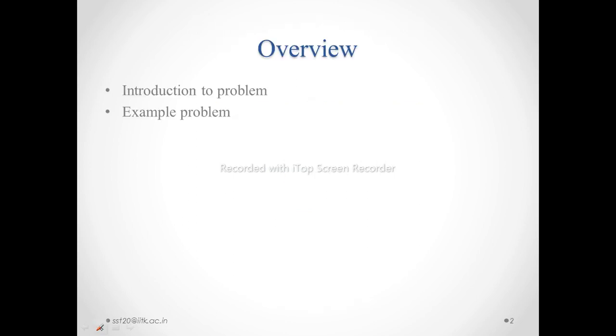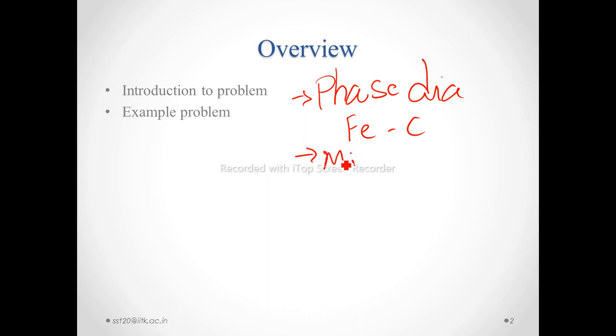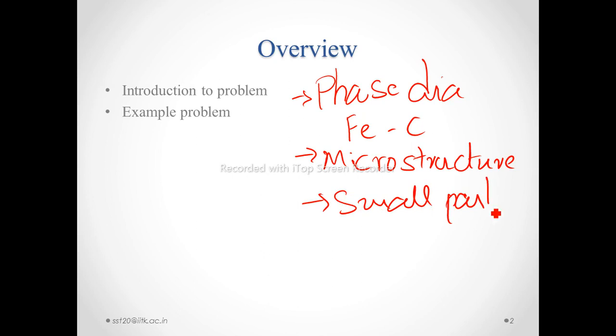Okay, till now we have seen the phase diagram of iron carbide, the microstructure development, and a small part of problems in the previous videos.